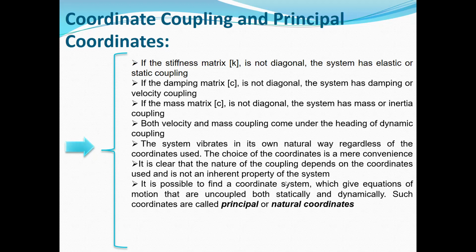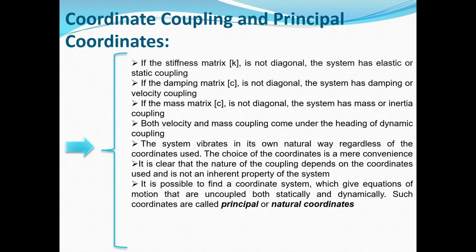explained. And also it is possible to find a coordinate system which gives equations of motion that are uncoupled both statically and dynamically. So this coordinate system, which is called principal or natural coordinates, and later we will discuss how we can extract and find this coordinate system, is an important parameter in our 2 degree of freedom systems.